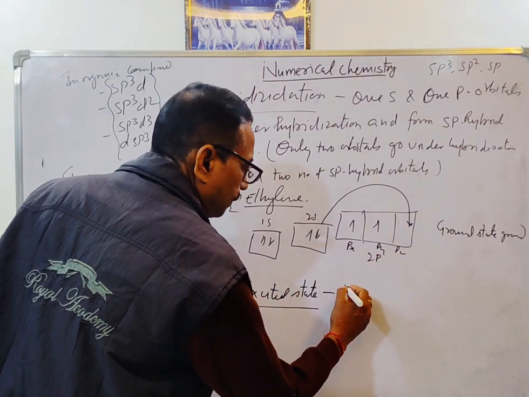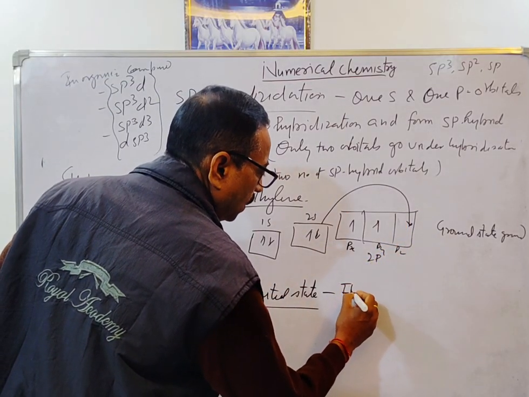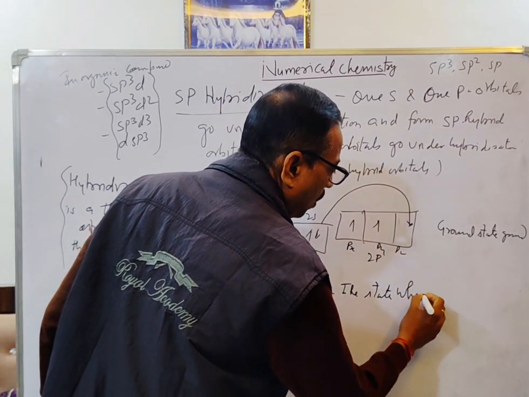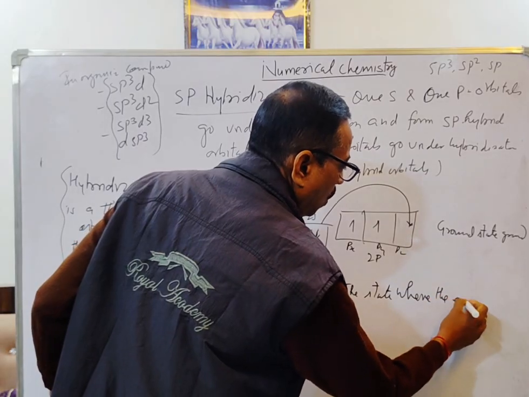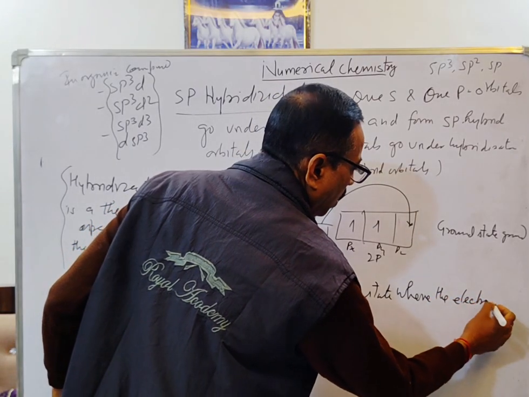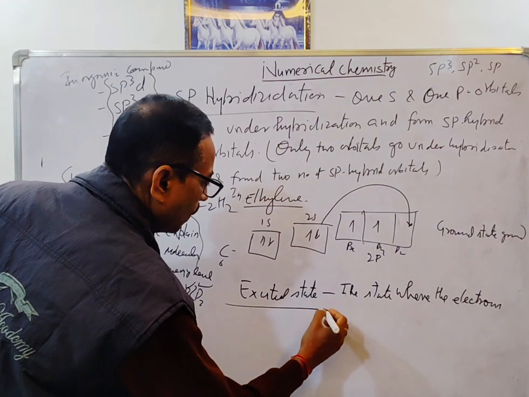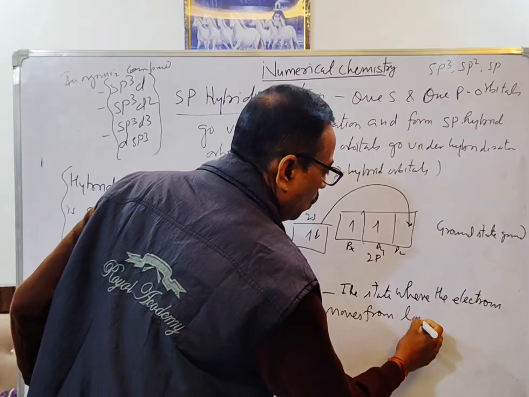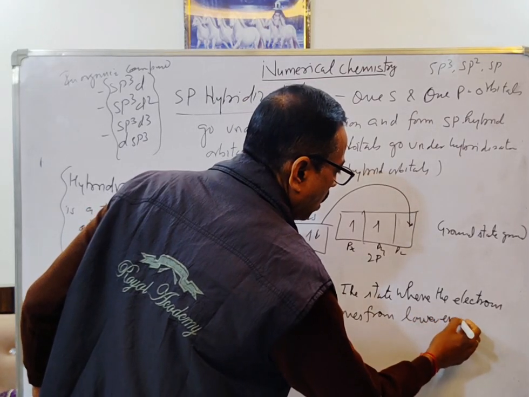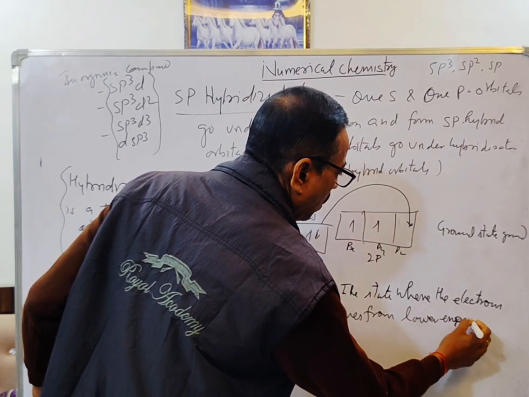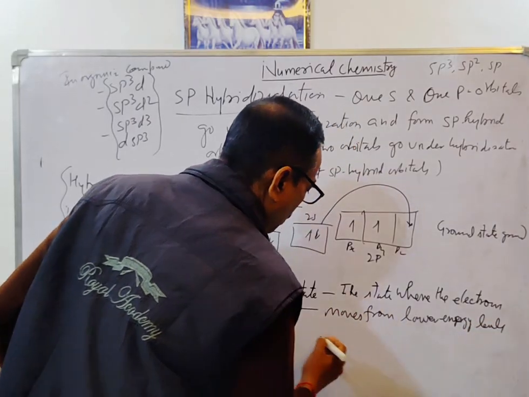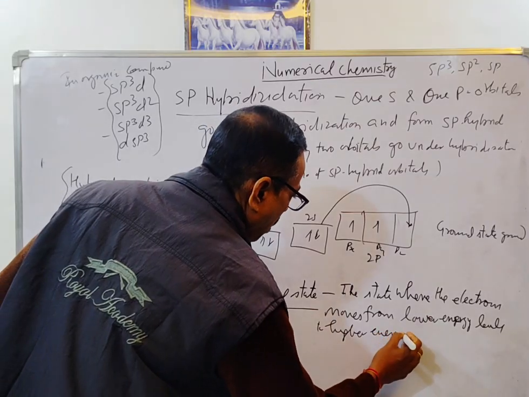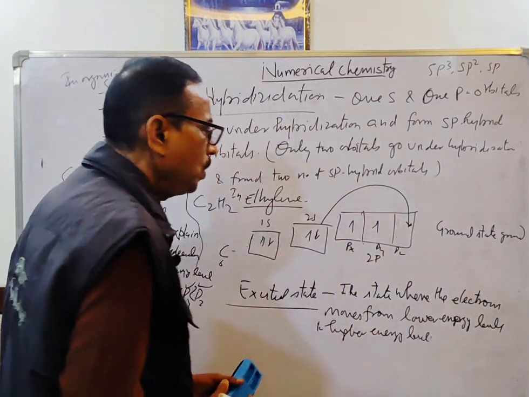So the state where the electron or electrons move from a lower energy level to a higher energy level. So how does it move?